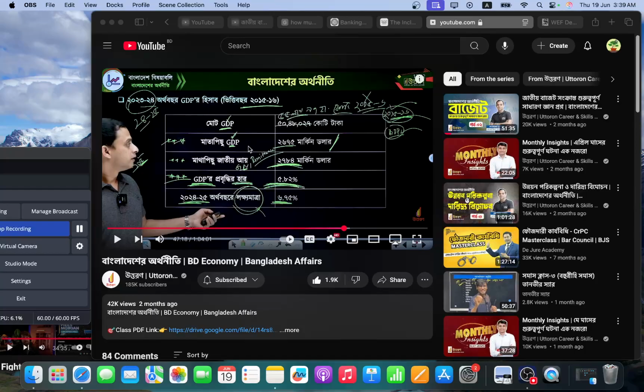And then we have the per capita GDP, which is 2675 in dollar, which is closer to, he did the calculation, 2,94,000, and the per capita GNI is 2784 US dollar, which is closer to 3,04,000.